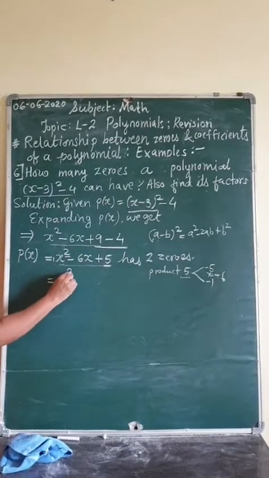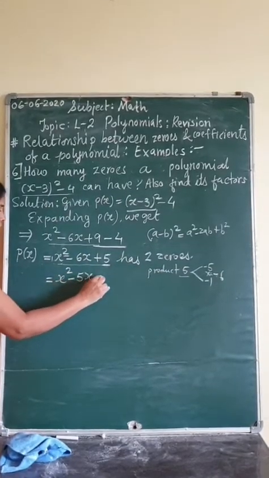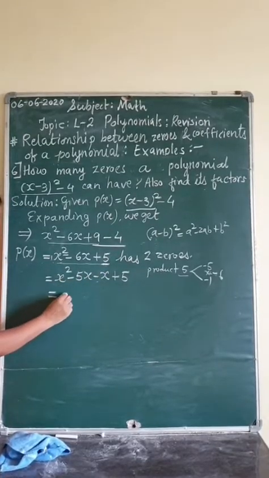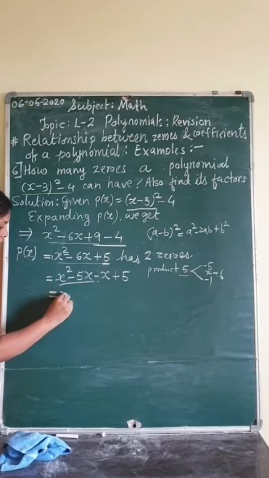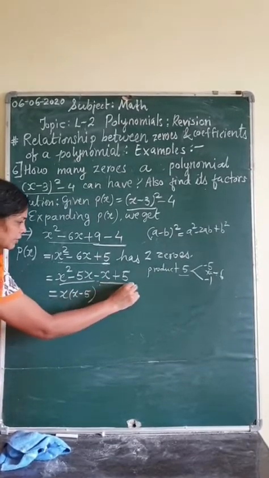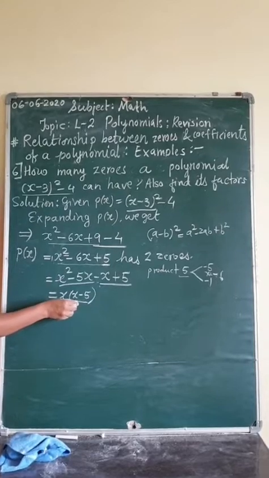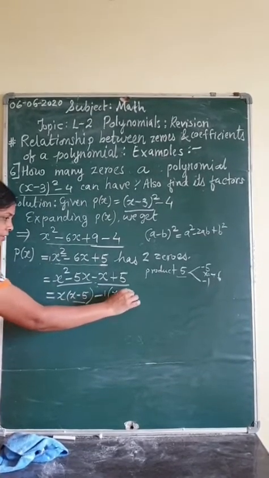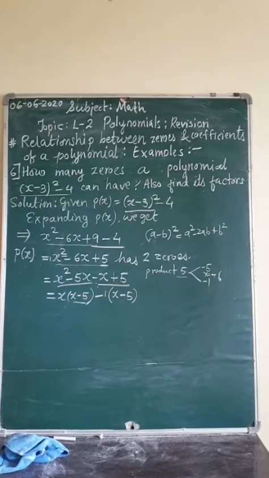So we have here x square minus 5x minus x plus 5, from this we have x minus 5, and from here, now we want the same, so we will take this minus 1 out, and here we get minus 5.